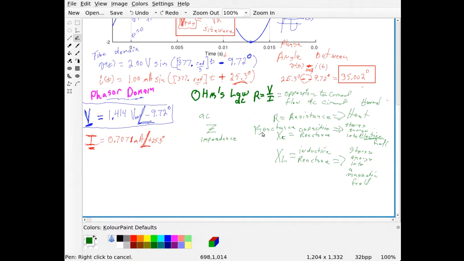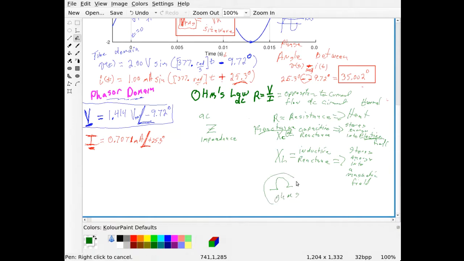And so we use reactance as a measurement. Now, the units of reactance, because it's still the opposition to current: resistance is the opposition to current, and reactance is the opposition to current. No matter which one you have, the unit is ohms.